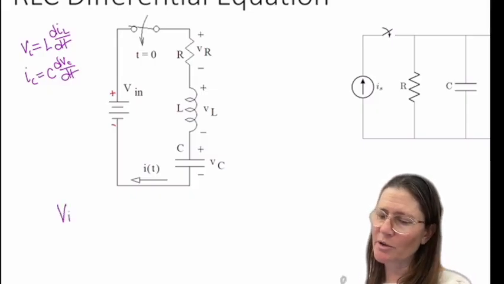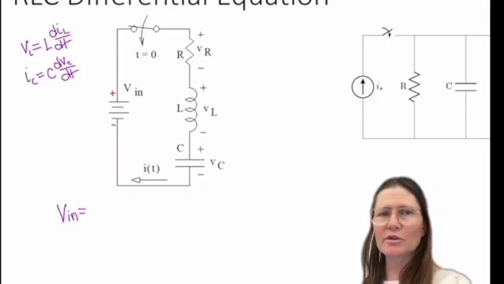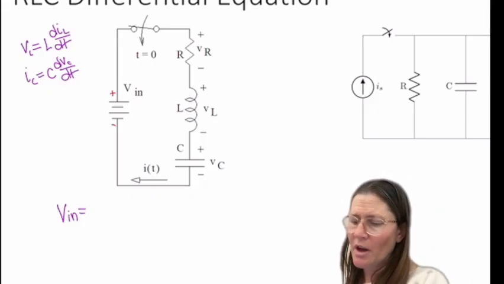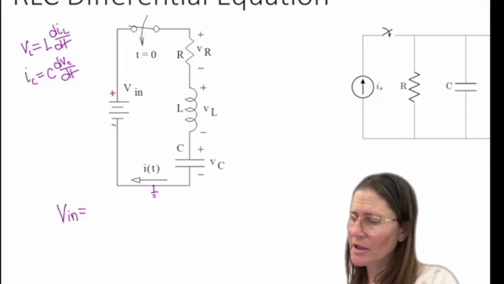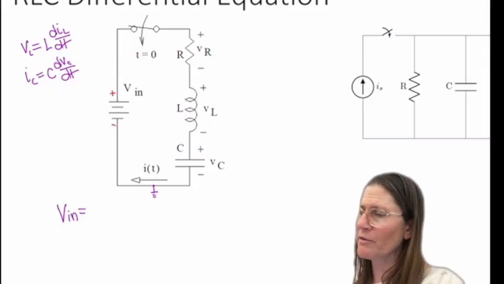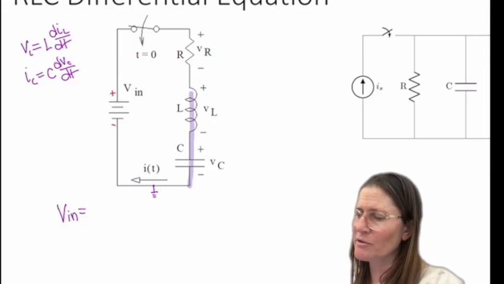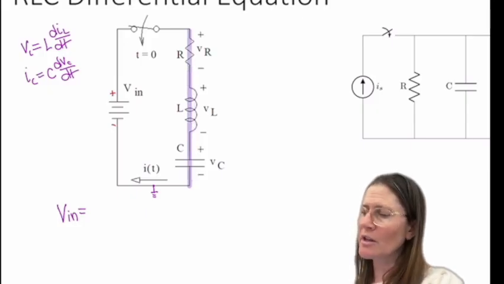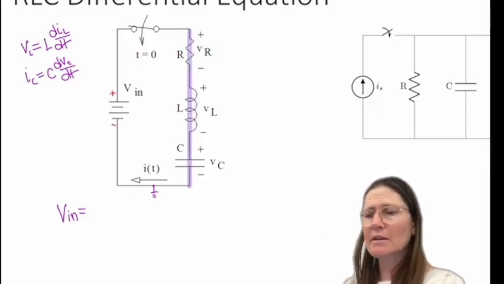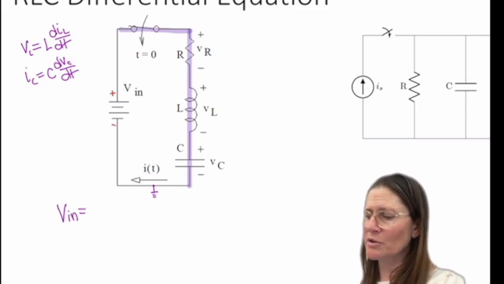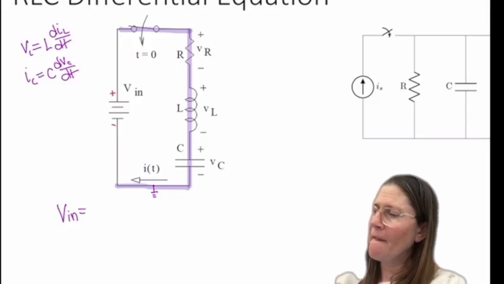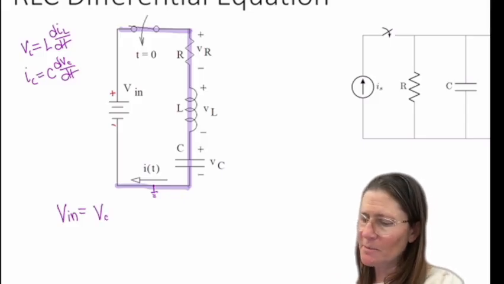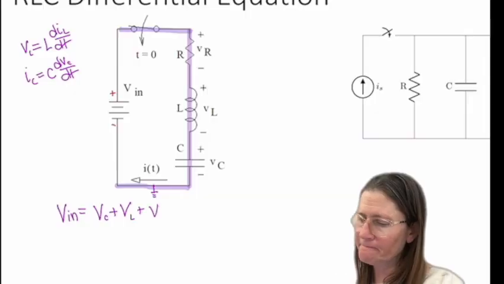We know that Vn is equal to the summation, if we put ground here, of the voltage across the capacitor, the voltage across the inductor, and the voltage across the resistor. So VC plus VL plus VR is equal to Vn.